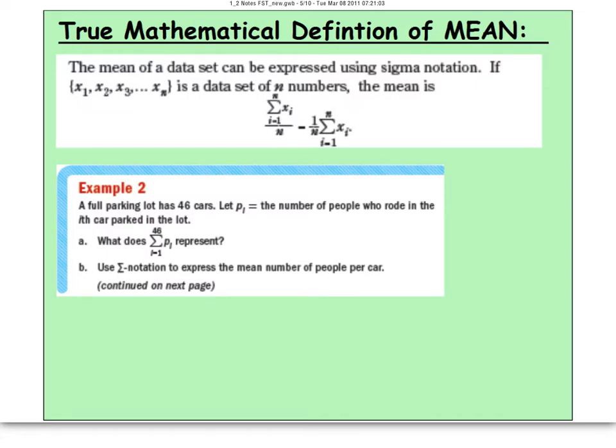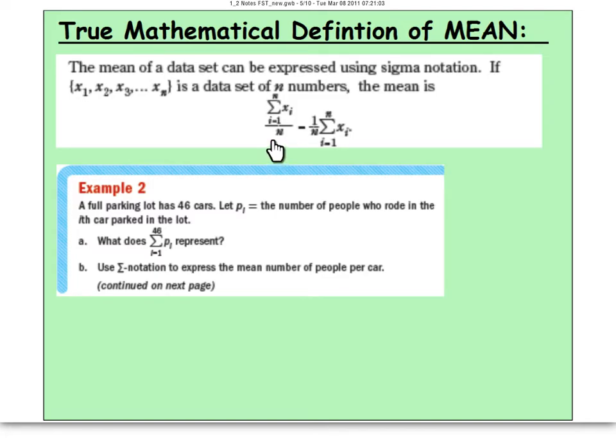So let's continue on with sigma notation. What if I wanted you to write sigma notation to find the average? If you take a look at this formula up here, it says sum all of your x's from 1 to however many you have. This top half says total all your data up.